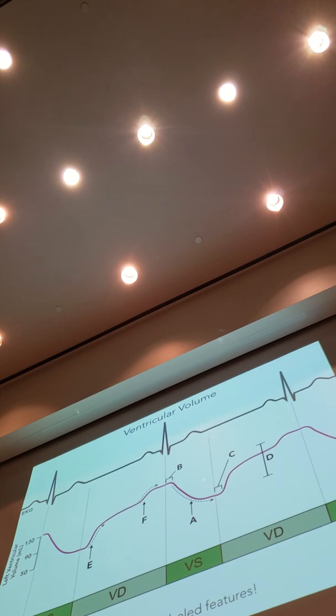Ventricular ejection. Would D or would B be end diastolic volume? Or is that not what we're talking about? I have no idea. I don't know what B, C, and D are. I have D. It kind of looks flattish.